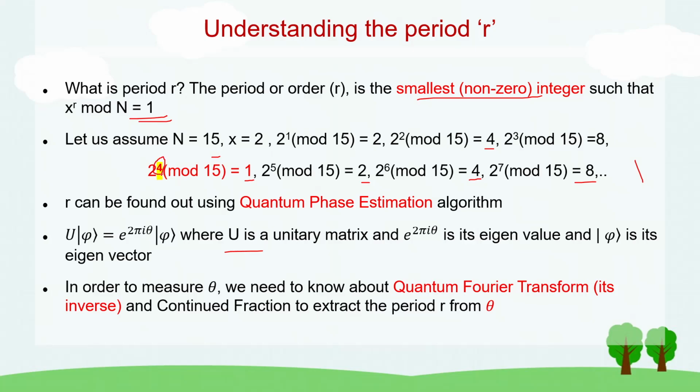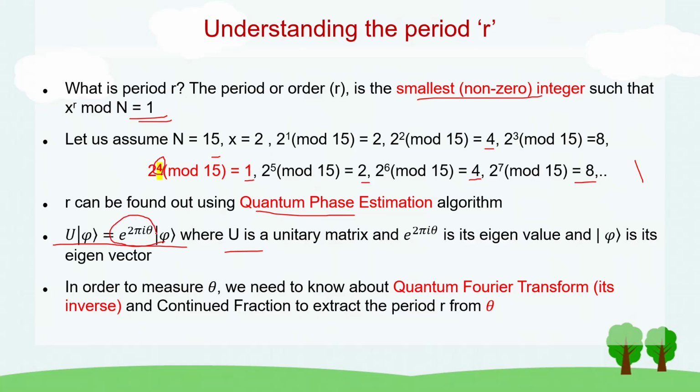And any periodicity, this algorithm will immediately catch in its own magical way, and that is done with the help of this expression. If I take a unitary matrix and multiply it with one of its eigenstates, I will get a value times the eigenstate.